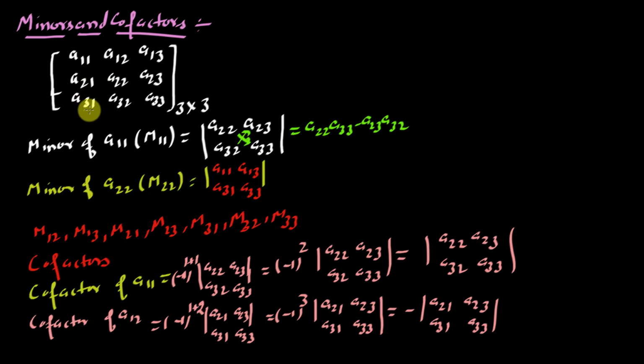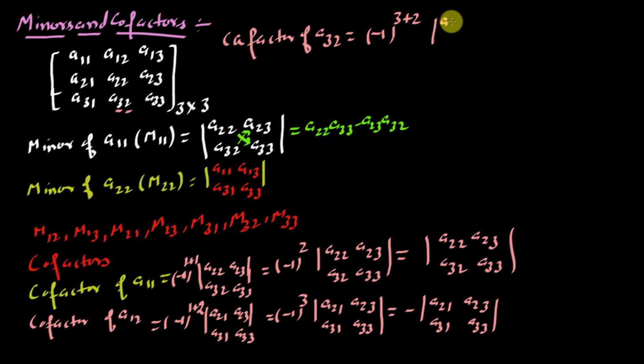Similarly, you can calculate the cofactor of any element. For the cofactor of A32, it will be minus 1 raised to the power 3 plus 2, the sum of the subscripts. It is important. Now leave row number 3 and column number 2.